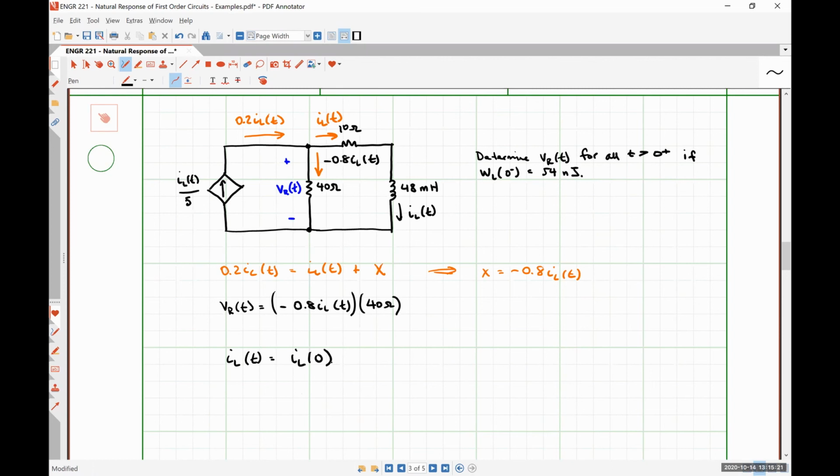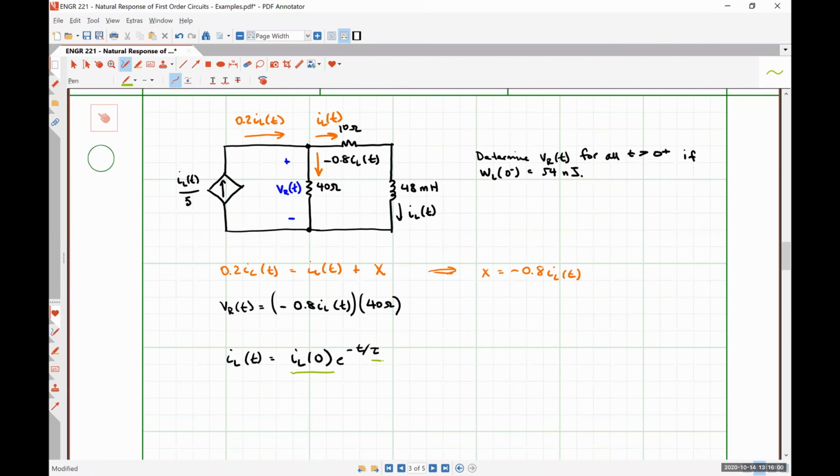And I'm not explicitly saying 0 minus or 0 plus here, because we know that the current flowing through an inductor cannot change abruptly, so they represent the exact same quantity, right? So the only two things we really need to figure out to understand how this inductor current is behaving are the value of the inductor current at t equal to 0 and the value of the time constant. Once we know that, we're good to go. Everybody agree with that sentiment?